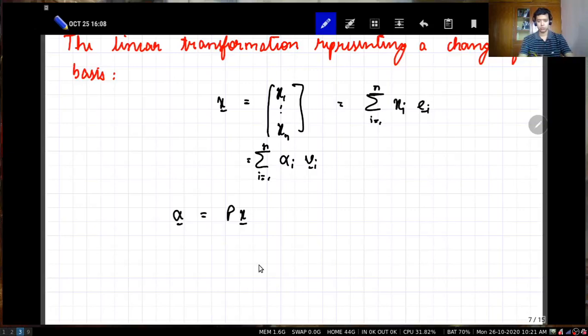And what is P in terms of the v's? I want you to pause the video and think about this. Right. So the P can be represented in terms of v as the following matrix. So note that we have x, which is the summation alpha i vi. So x is effectively equal to the matrix with columns v1 through vn times alpha 1 through alpha n, right?